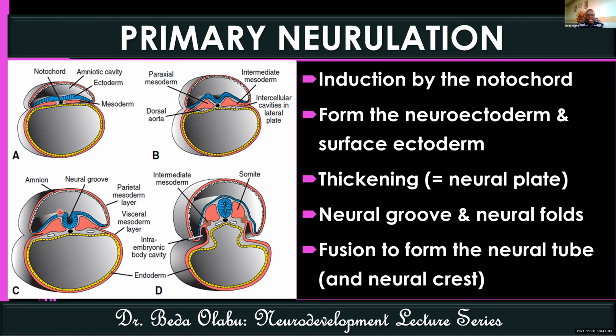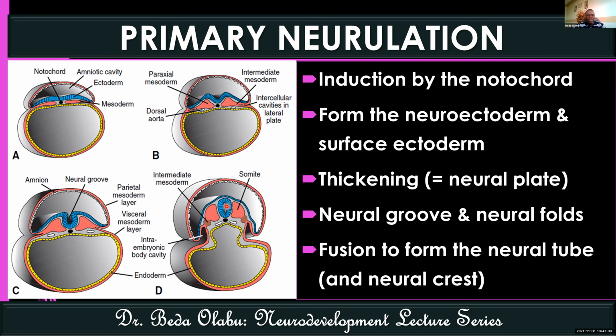And that will lead to formation of something that looks like that, which we call the neural tube. The parts of the ectoderm that were not part of the neuroectoderm is surface ectoderm, and that one will give us the epidermis of the skin. The parts of the neuroectoderm that are incorporated into the tube have formed the neural tube.